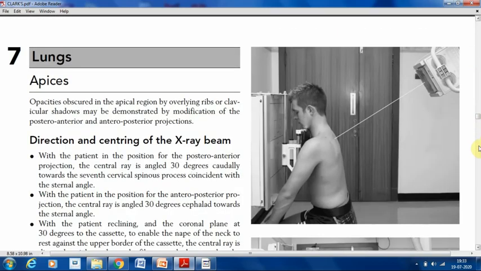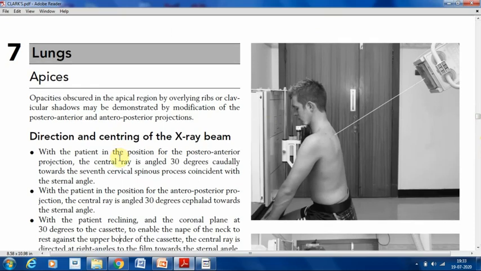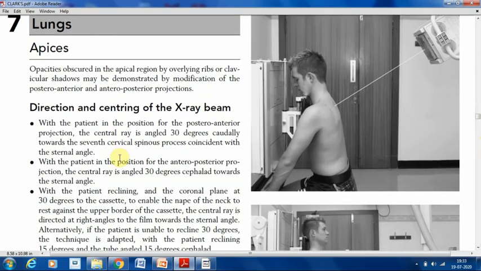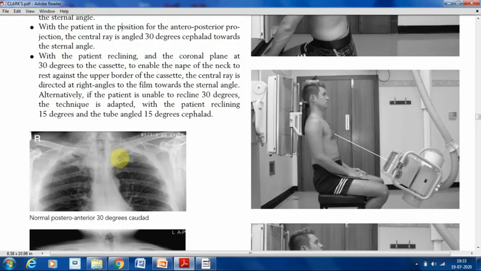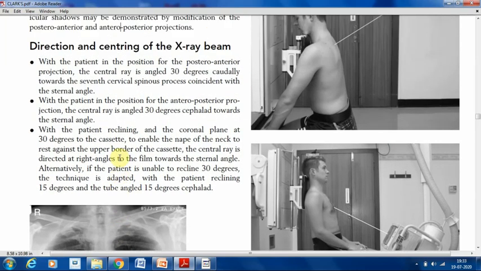So now you can see the patient. I said already that the patient will be sitting. Let us go ahead with the PA positioning. It's the same as a PA X-ray, the same way you position the patient.